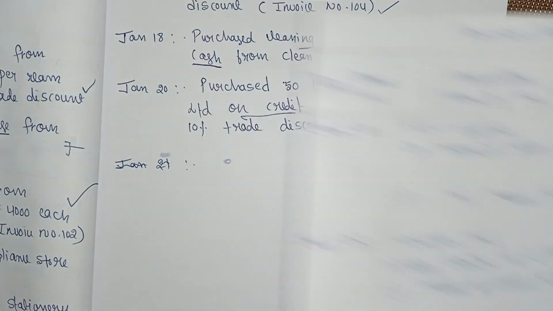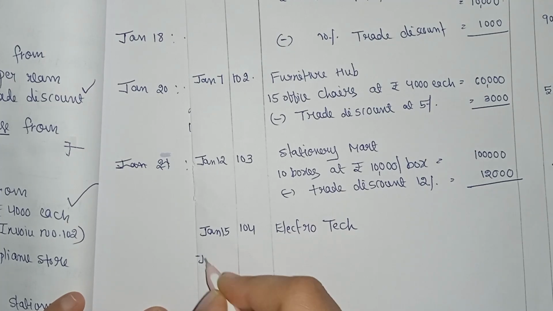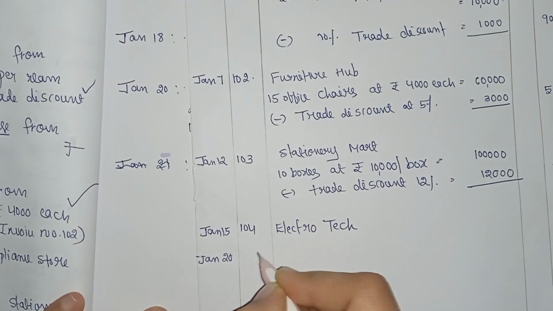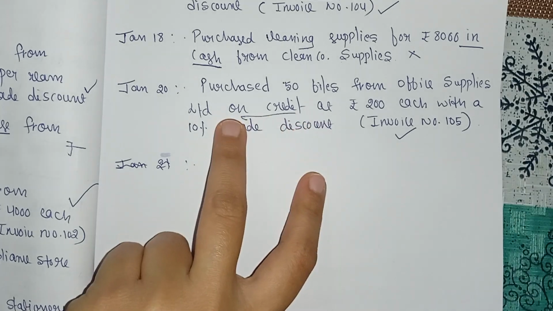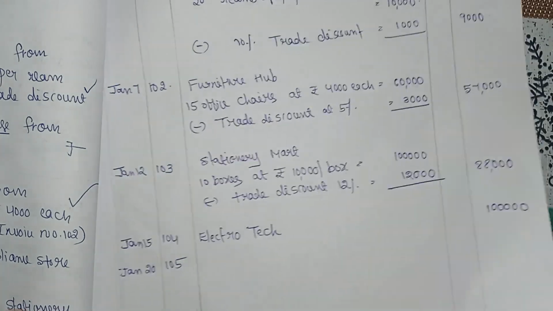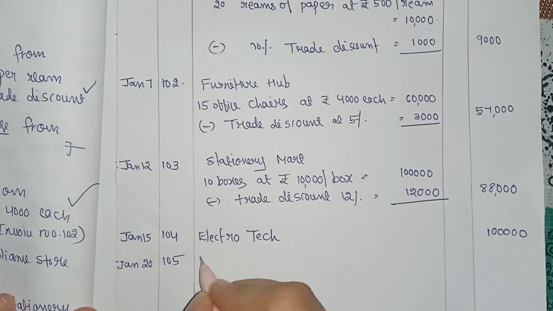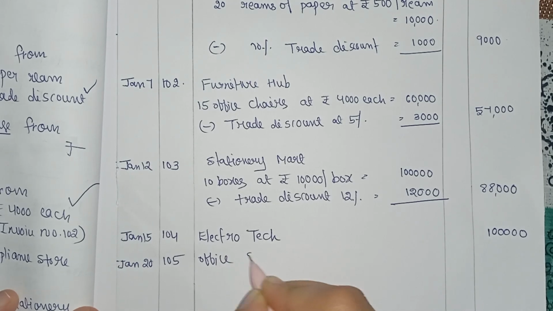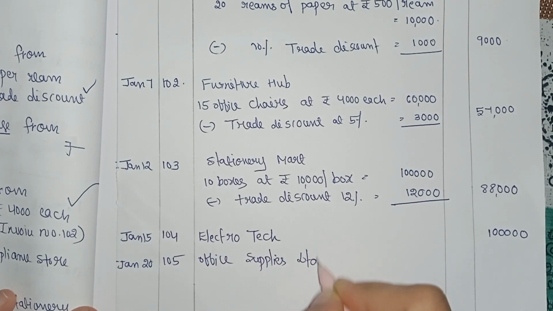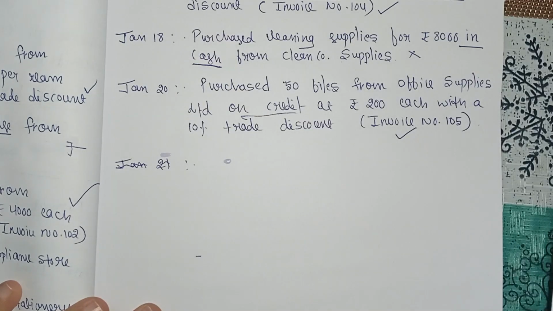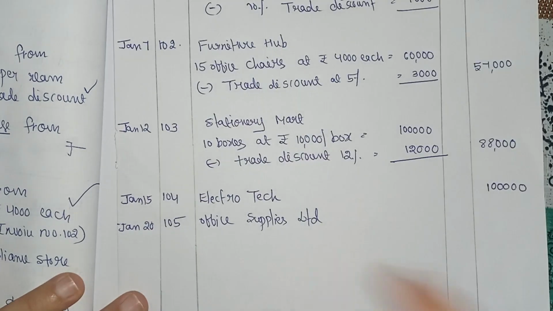Invoice number 105, Jan 20th. Name of the supplier is Office Supplies Limited. 50 files at rupees 200 each.